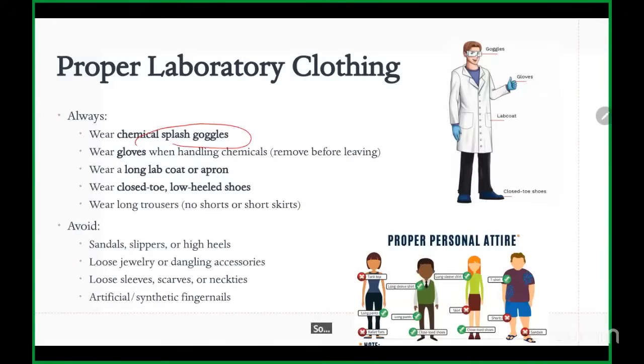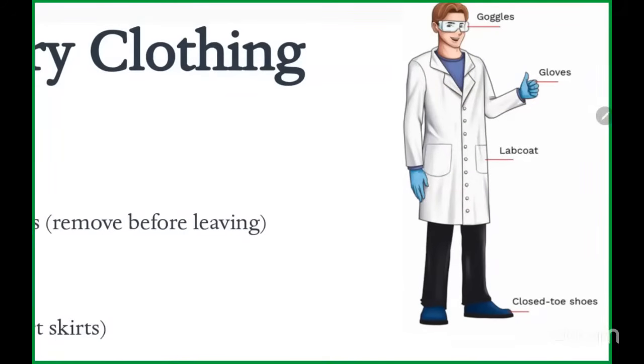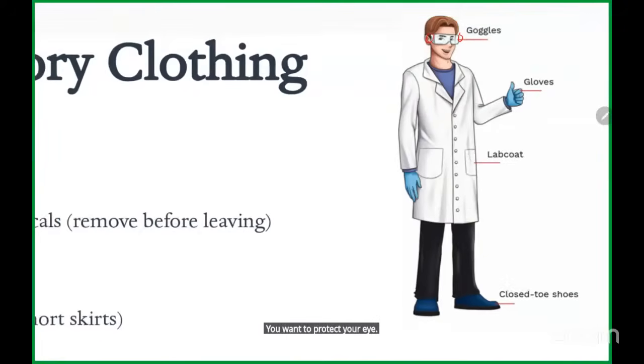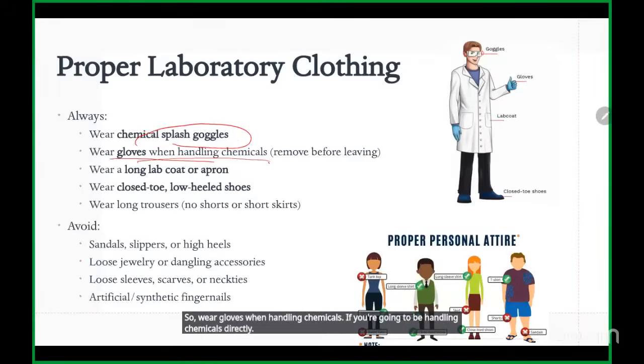So goggles. You want to wear the goggles. See this goggle? It covers the face, it covers the side. You want to protect your eye as much as possible. So wear gloves when handling chemicals. If you're going to be handling chemicals directly, please wear gloves.